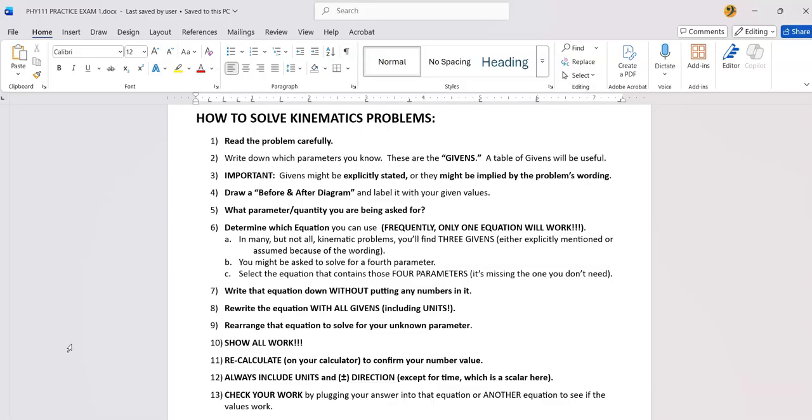And you might see phrases like, it starts at rest, the car is at rest in the beginning. Well, that means the initial velocity is 0. It's not moving, it's at rest. Or you might see that the car brakes to a stop. Well, if it's braking to a stop, that means the final velocity is 0. Or you might see a vertical problem where somebody is dropping a ball.